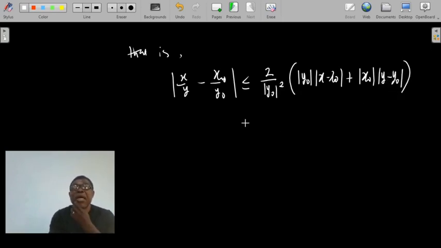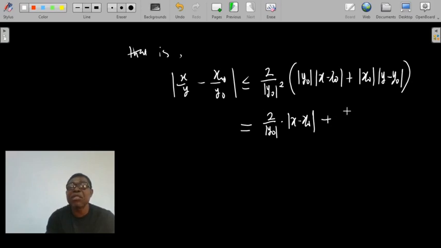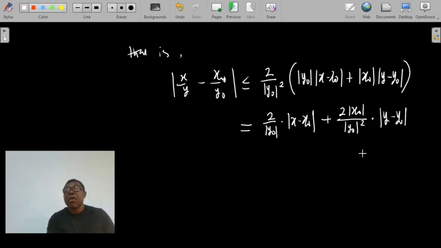This is what we have. And this will be equal to 2 over absolute value of y naught times absolute value of x minus x naught, then plus 2 absolute value of x naught all over absolute value of y naught all squared, then times absolute value of y minus y naught. It is at this stage that we will bring in further control on absolute value of x minus x naught, and absolute value of y minus y naught.